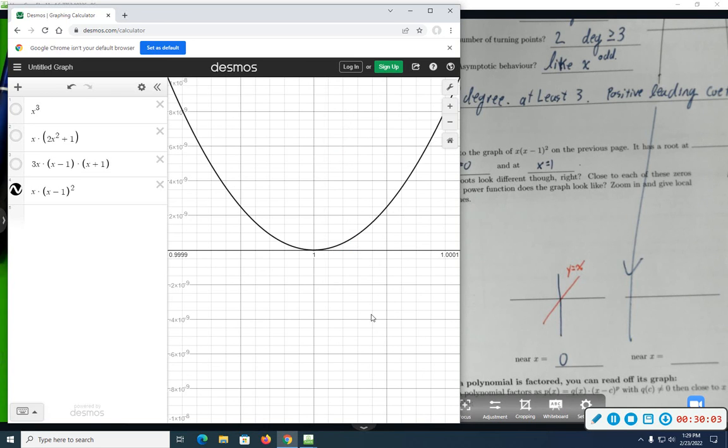There we go. There are enough zeros now. What would you say that graph looks like? Y equals x squared.